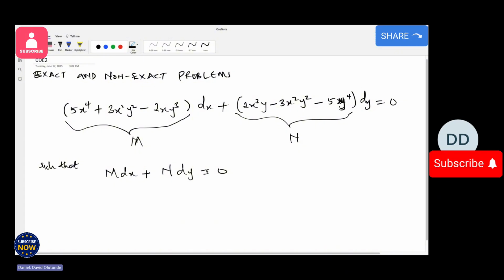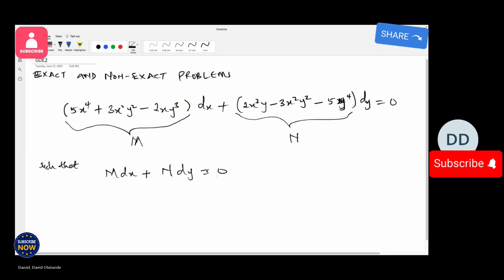In this form we can apply the exact approach. So in this kind of case, what we need to test for is whether the equation we are given is exact or not exact.